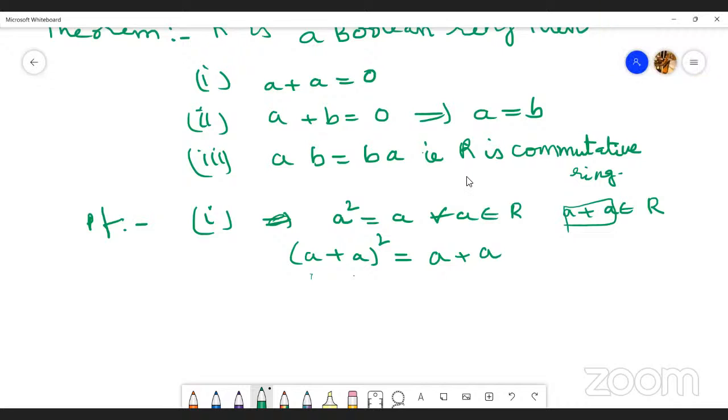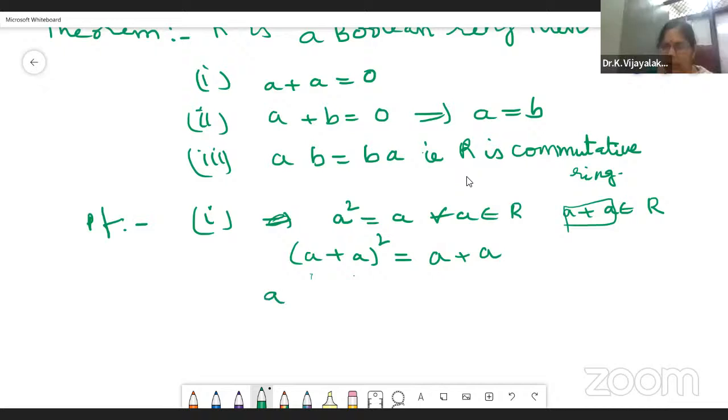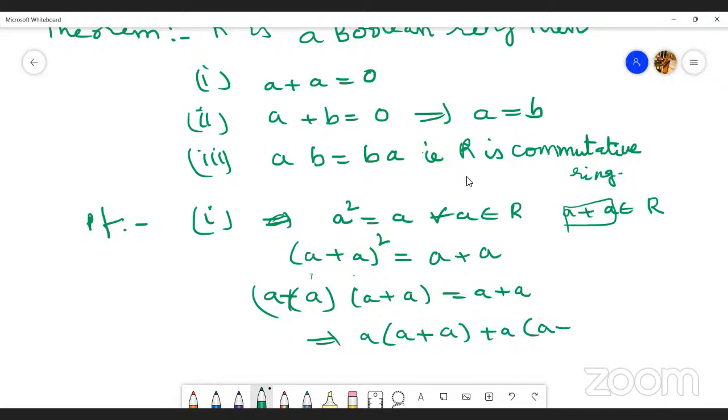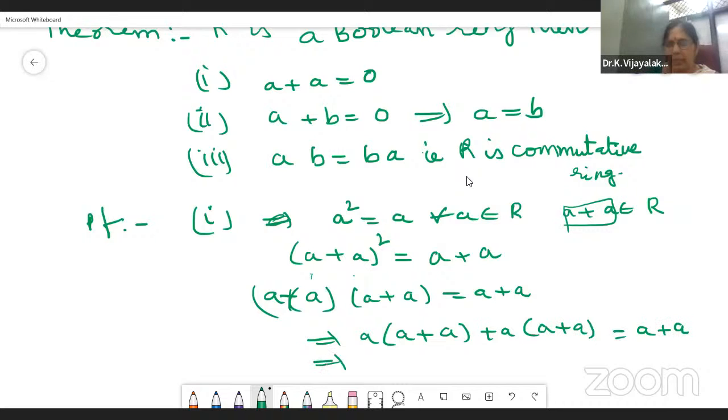Now expand using the distributive law: (a plus a)(a plus a) is a into (a plus a) plus a into (a plus a), which is a square plus a square plus a square plus a square, which is a plus a plus a plus a.